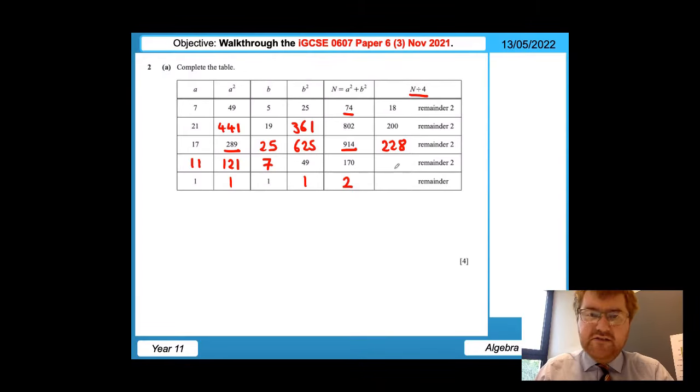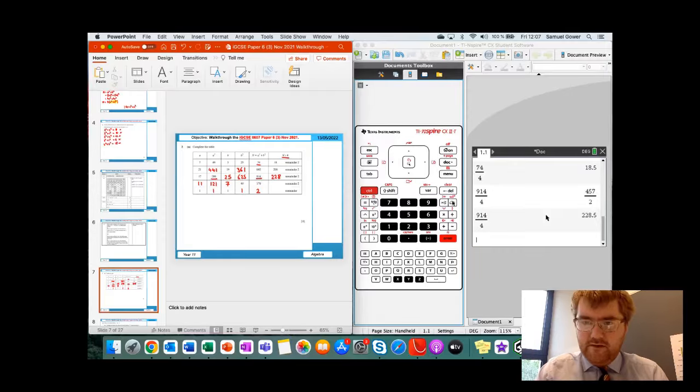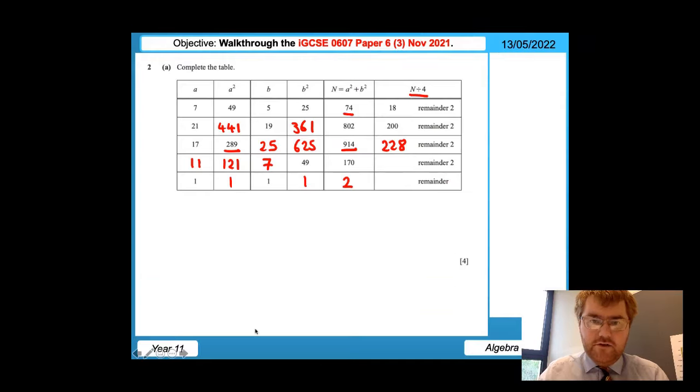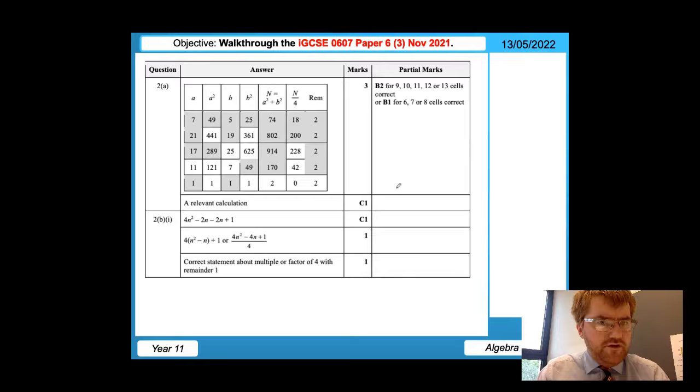If you do 170 divided by 4, that gives you, well, a nice fraction, but then 42.5, so it's going to be 42 remainder 2. And the bottom one's a bit of a trick question here. So again, we've got 2, so the remainder has always been 2, so we leave that there, and then we just have 0. So I'm assuming that would be the way they want to show the answer.